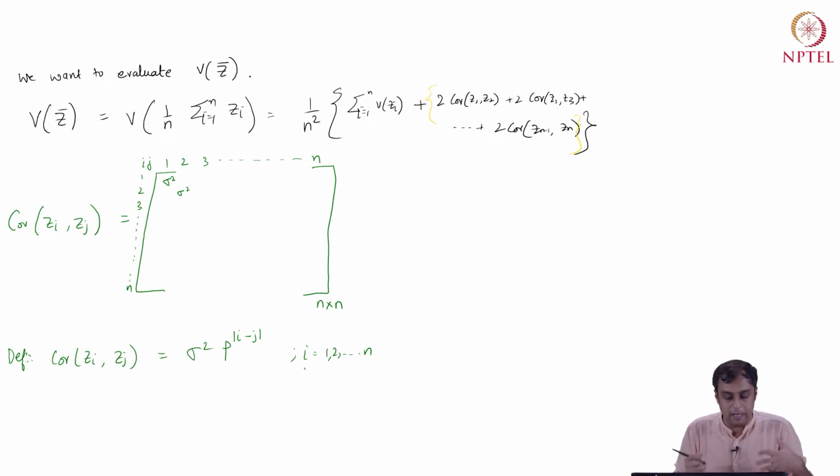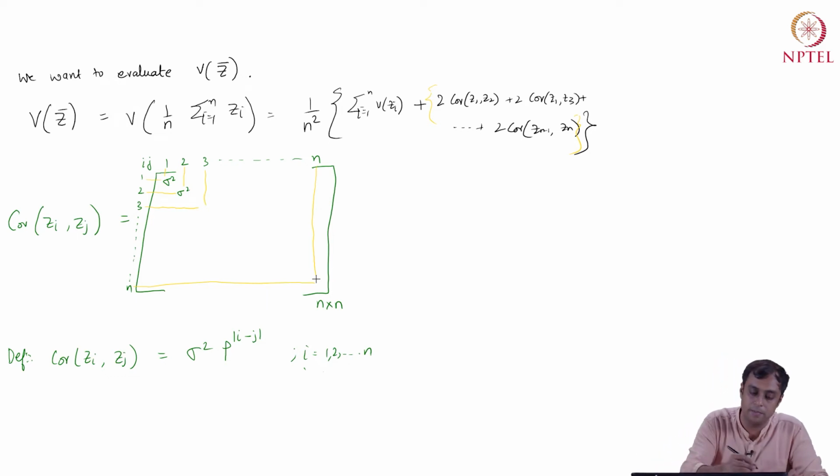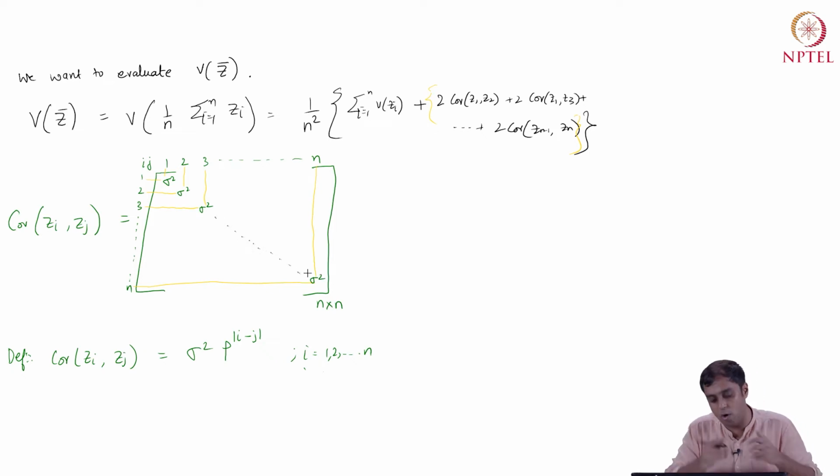Quite clearly, the diagonal elements represent the variance terms when i equals j. So i is 1 here and 1 here, i is 2 here and 2 here, i is 3 here and 3 here, similarly i is n here and n here. So all the diagonal elements are just sigma squared. I'm using dot dot dot so you understand that all the diagonal elements are nothing but sigma squared.